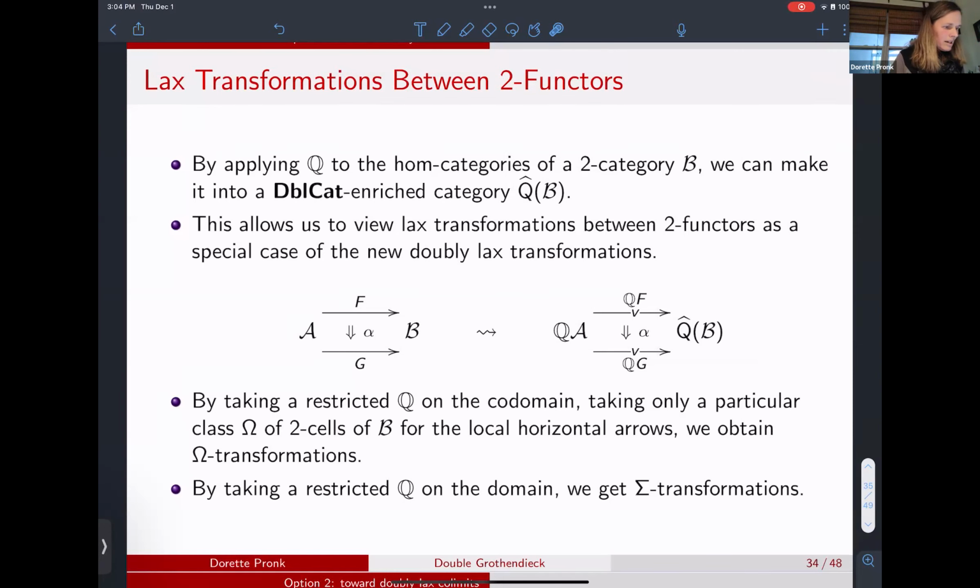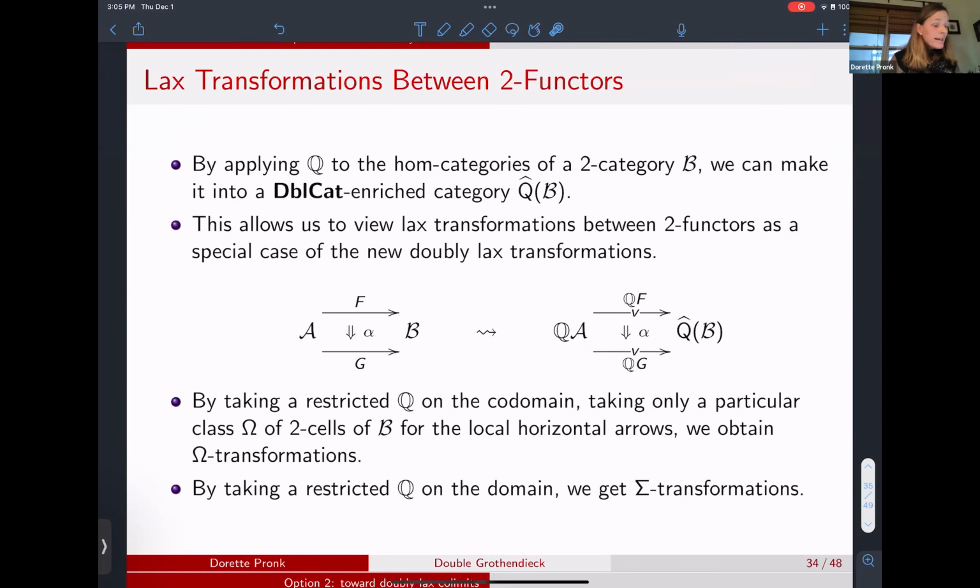And that allows us to look at lax transformations between two functors as a special case of our new doubly lax transformations. And basically, you recover the cylinders a la Benabou.